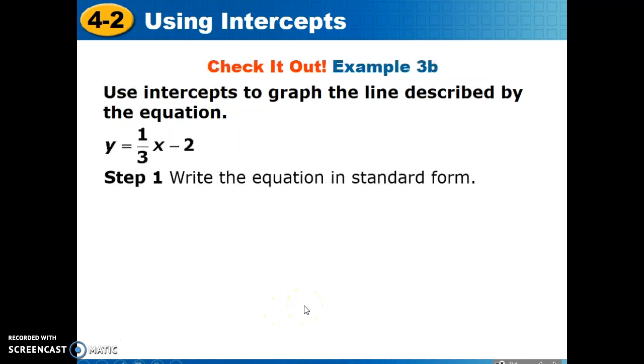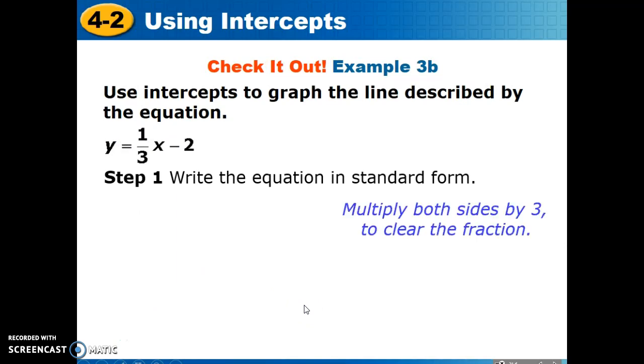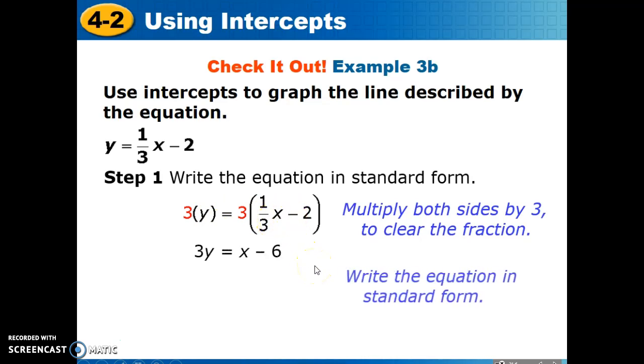Let's try this one. Again, they want us to put this in standard form. Multiplying both sides by 3 clears our fraction. That makes it easier. 3 on the left side gives us 3y. 3 on the right side gives us 1x minus 6. And we're going to subtract x from both sides.